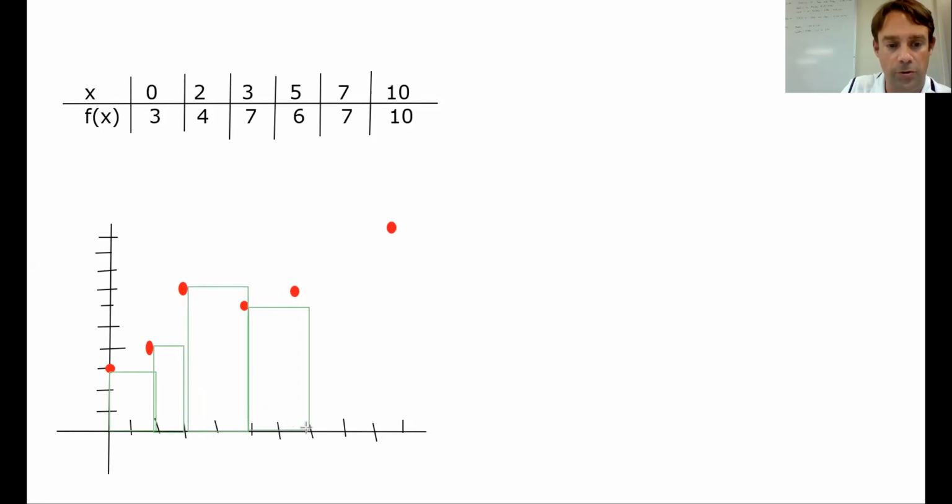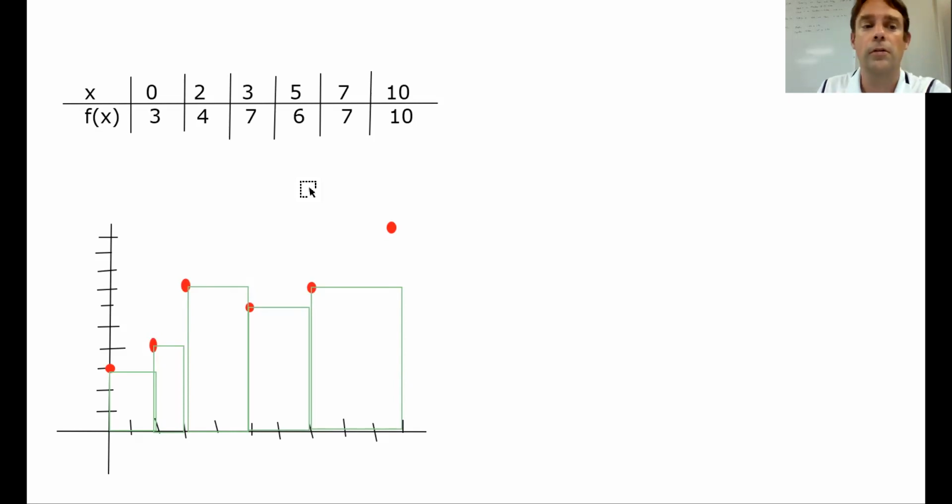And again, I didn't necessarily draw this terribly well. Something like that. I'm asking you for the area of these values.